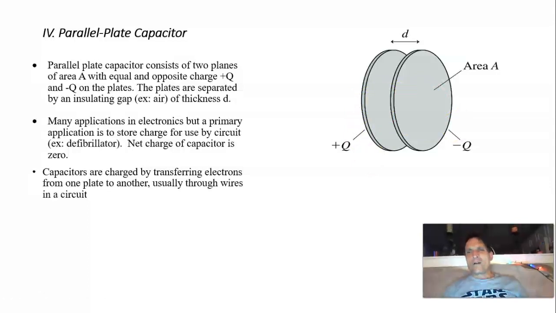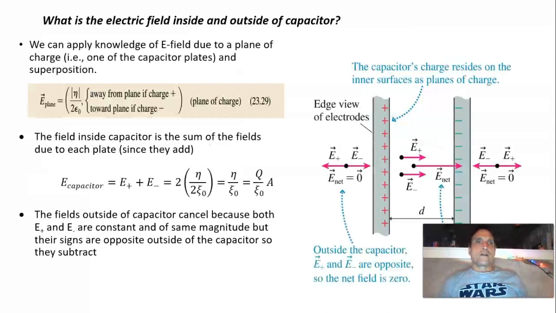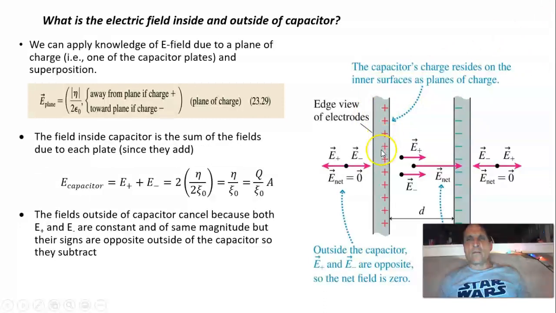What we care about more in this chapter is getting an equation for the electric field of the capacitor, and then later on we're going to use this more in the upcoming chapters. So how do we get the field of a capacitor? Well, a capacitor is 2 parallel plates, so 2 planes.